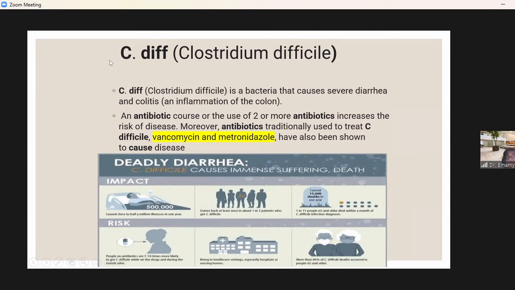So for the treatment of Clostridium difficile, stop all antibiotics, send the stool culture, and start vancomycin and metronidazole PO by mouth. Vancomycin, remember, is an inhibitor of bacterial cell wall synthesis.